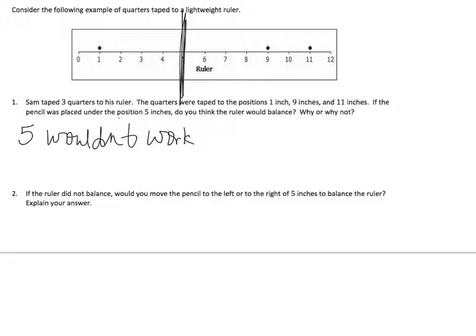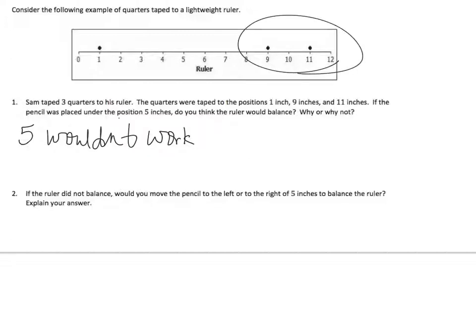Okay, the quarters at 9 and 11 pull the balance towards that side. So these 2 quarters pull the balance more to that side, right? If the ruler did not balance, would you move the pencil to the left or the right of the 5 inches to balance this ruler? What do you think? Well, this is a bit heavier over here.